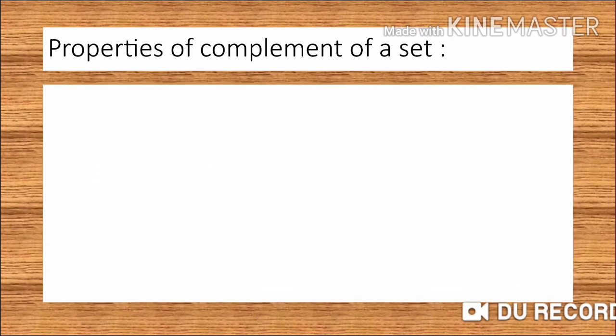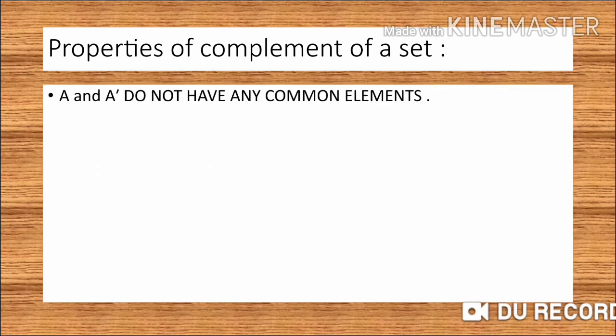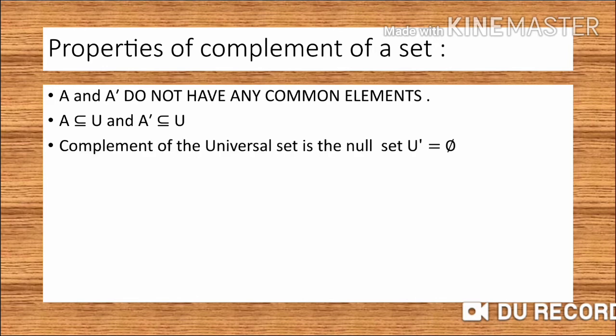Properties of complement of set. A and A complement do not have any common elements. A is a subset of U, and A complement is also a subset of the universal set.